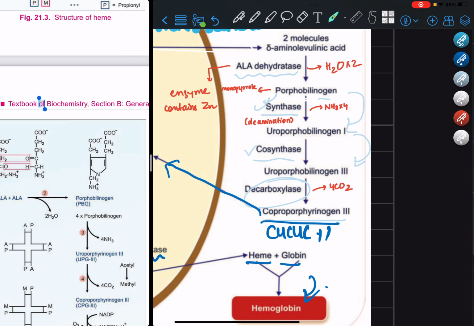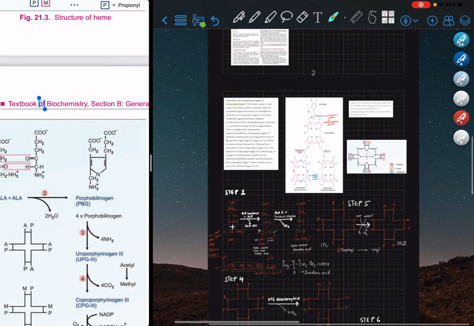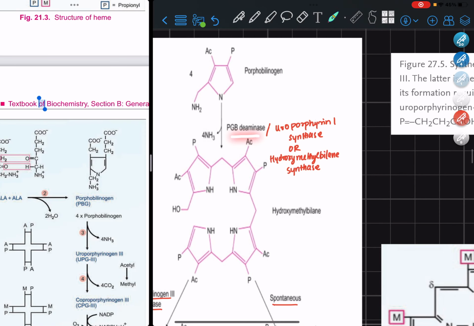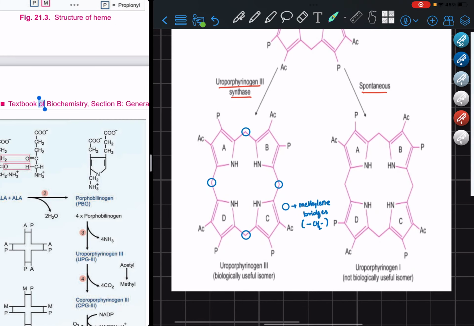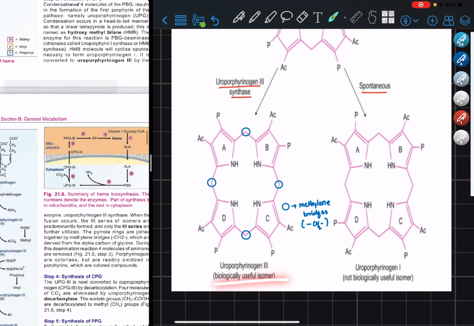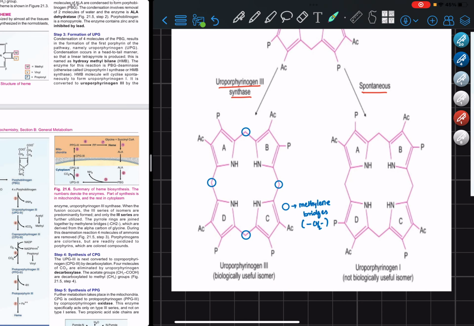That is all. So this first reaction occurs in the presence of PBG deaminase or UPG synthase or HMB synthase, and then the second reaction takes place in the presence of UPG3 synthase. So now we have UPG3. The next reaction that is going to happen: only the 3 series can be utilized, that's why the 1 is called biologically useless.